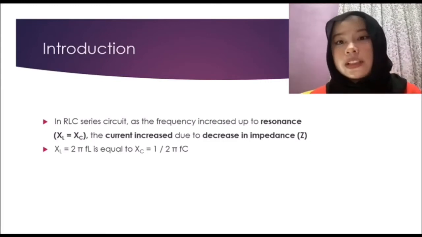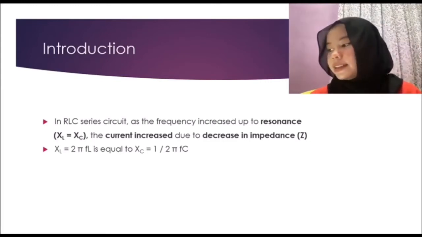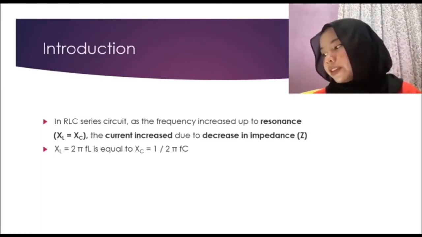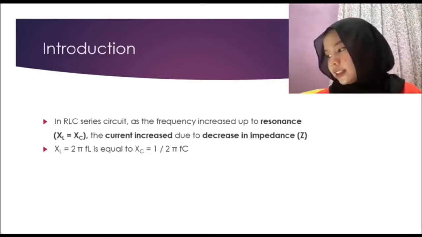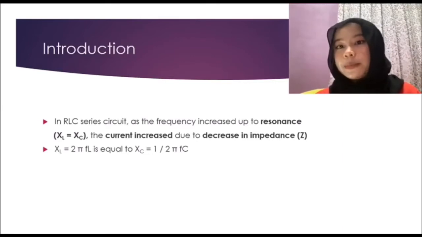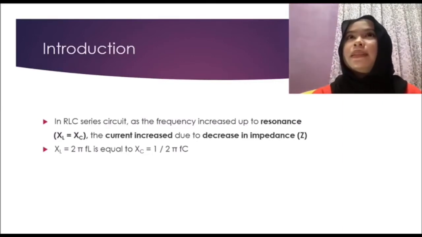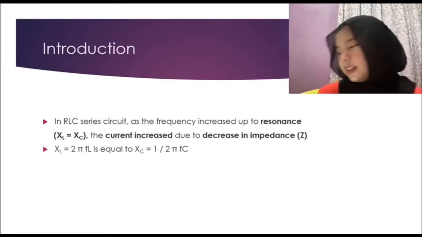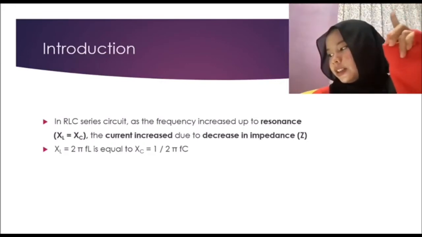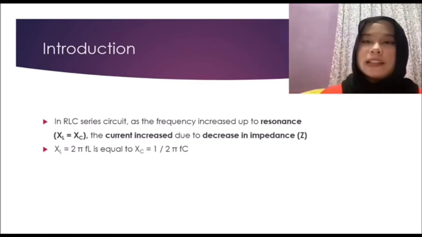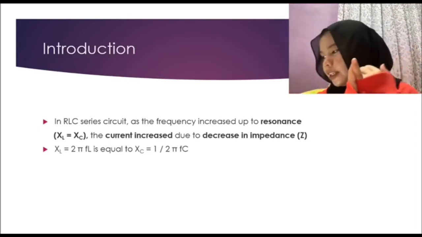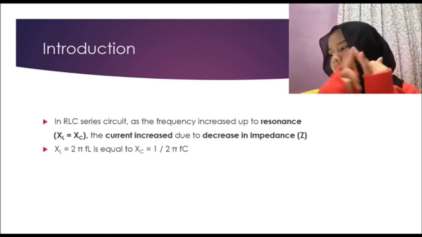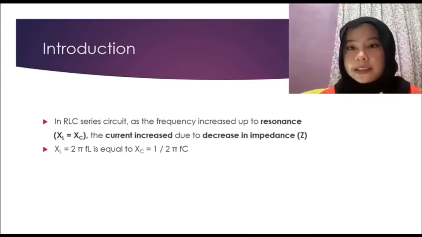The introduction of filters in an RLC series circuit. As the frequency increases up to resonance, the current increases due to a decrease in impedance. Impedance is symbolized as Z. When the frequency increases, the current increases and the impedance decreases.